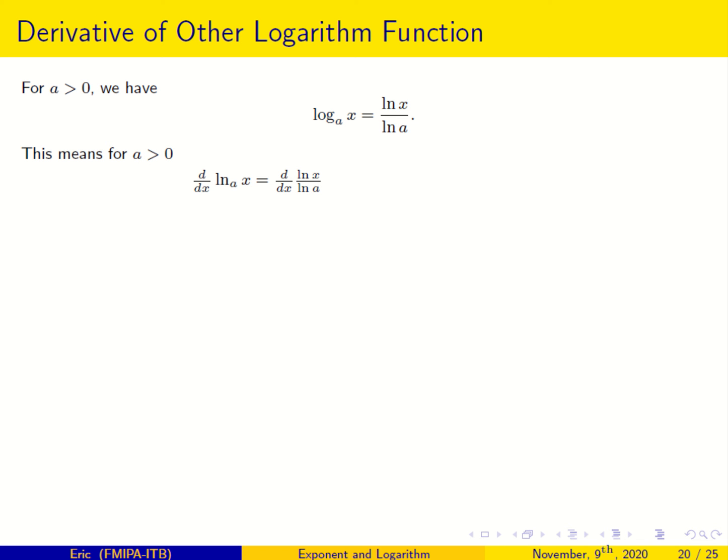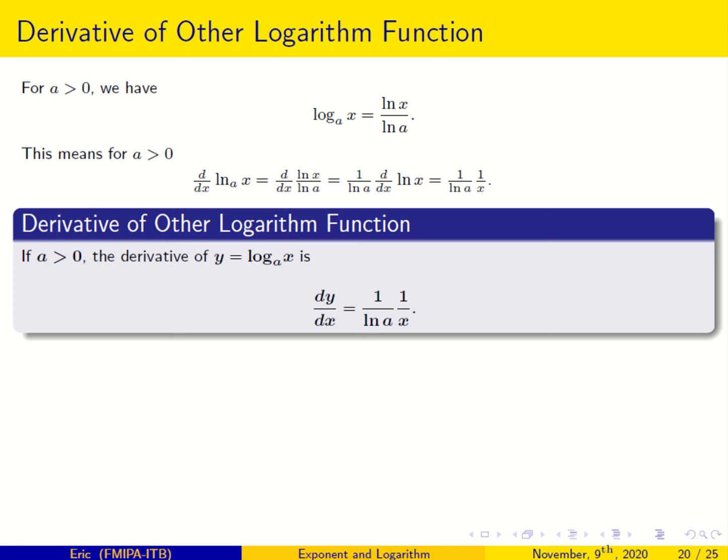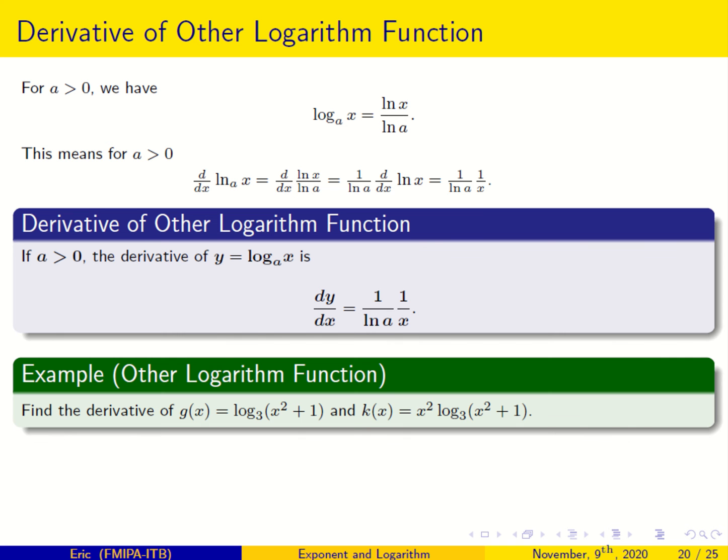The natural logarithm of a is just a constant, so you can take it out. The derivative of ln x is 1 over x. So in conclusion, for the logarithm of x with base a, where a is positive and not 1, I have this.